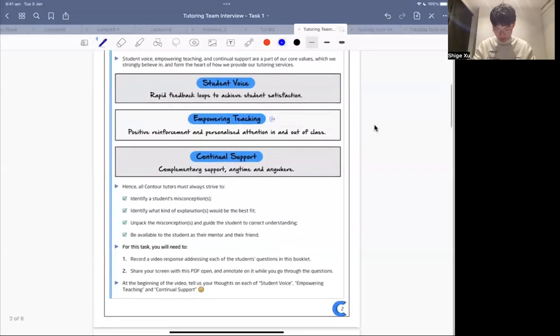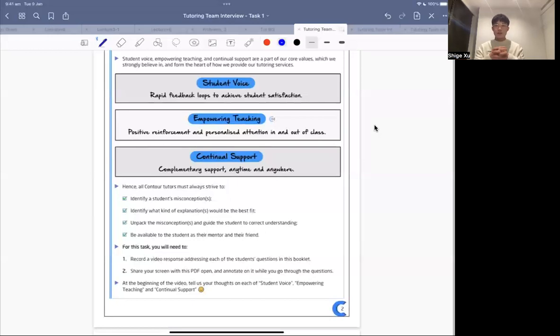And empowering teaching and continual support, I think you can sort of combine them, put them together. So we as tutors need to reinforce the learning process for every student according to their needs and experience anytime and anywhere. So not just inside of class, but also outside of class as well.